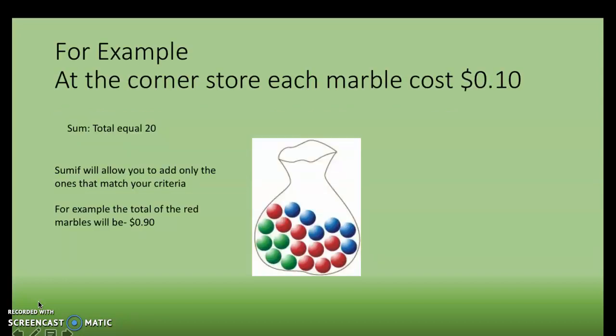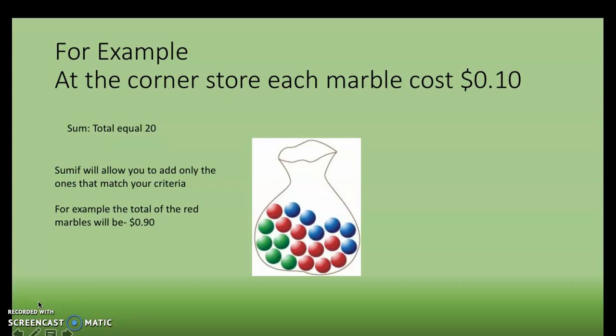So for example, here we have a bag of marbles that cost 10 cents each. If we were to use the sum function, the sum function would give us the total cost of all of the marbles. However, if we use SUMIF, we are actually able to pull out the specific type of marble that we're interested in, and it will give us the cost of just that type of marble.